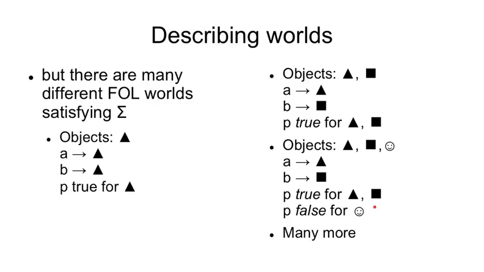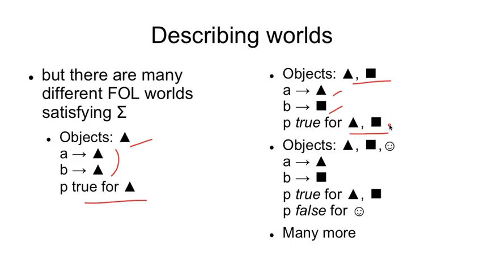But in first-order logic, there are many different worlds satisfying sigma. One, for example, where we have the object triangle, both A and B referring to the triangle, and P being true for triangle. Another one where we have the objects triangle and square, A referring to triangle, B referring to square, and P being true for triangle and square.